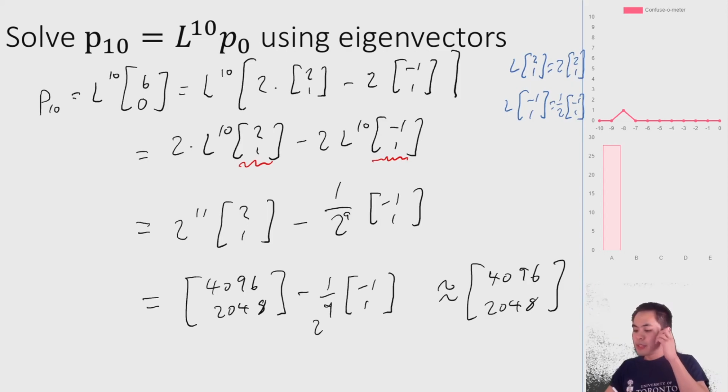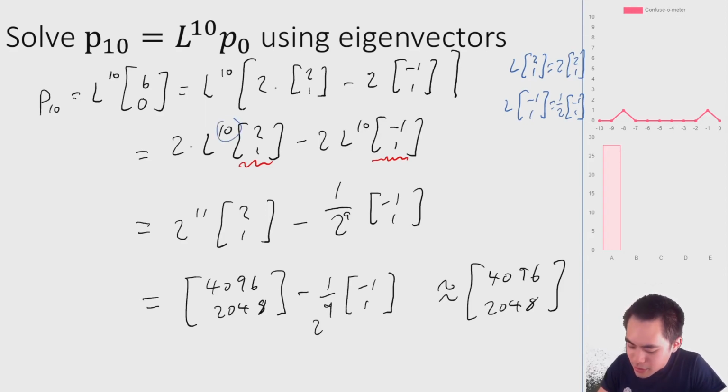Each time you multiply, you get 2 times (2, 1), or 1/2 times (-1, 1). But you're doing this 10 times. And so this is equal to 2 times 2 to the 10th, (2, 1), minus 2 times 1 over 2 to the 10, times (-1, 1).